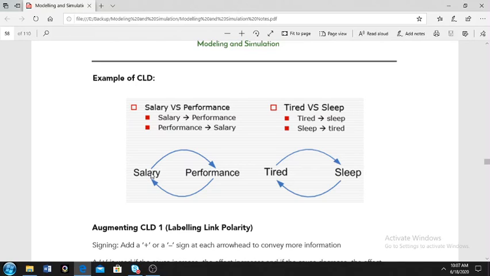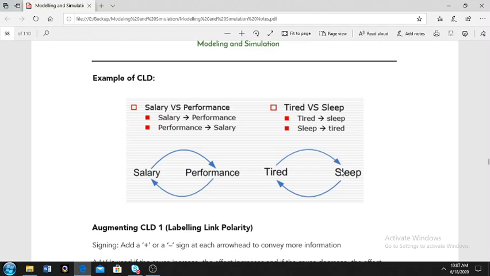Now here we have feedback. Here we assume that salary increases performance. Salary increases performance. But here we have a feedback. It means performance leads to an increment of salary. For example, if you are tired, you will sleep.